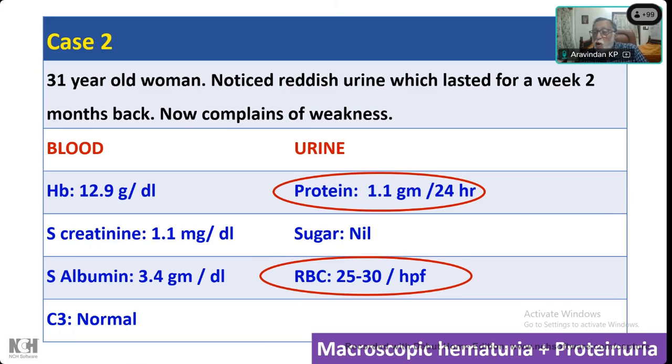It is much more common in Asians, very common in Far Eastern Asia, particularly China, Japan, and other places. India also, we have quite a few cases of IgA nephropathy. So that would be one of our first diagnoses. Then of course, all the other proliferative diseases also we will keep in mind before seeing the slide.